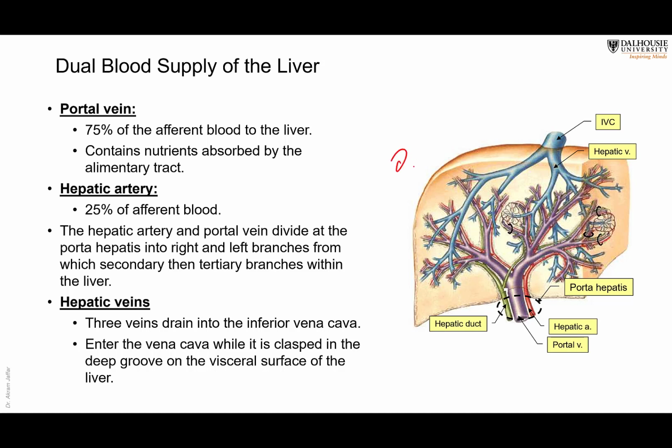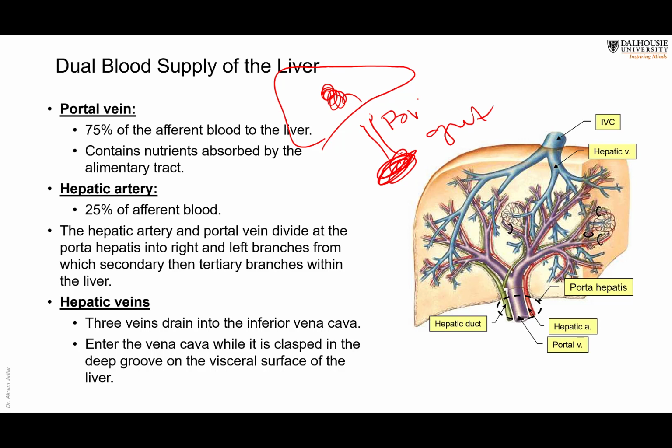Here we have a set of capillaries in the gut, and then a vein is formed, and then this vein enters the liver and will divide into another set of capillaries. So that's why this vein is a portal vein, between two capillaries.